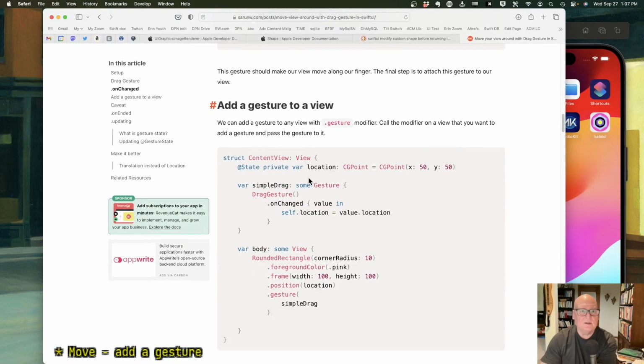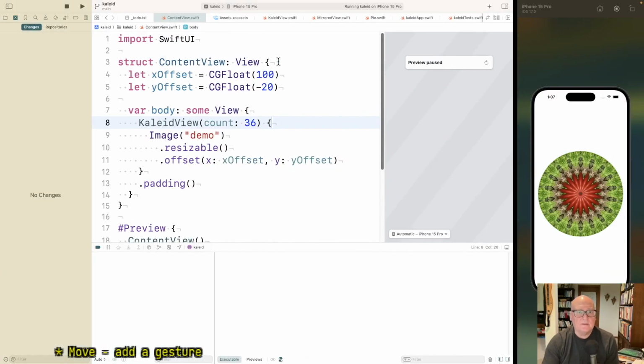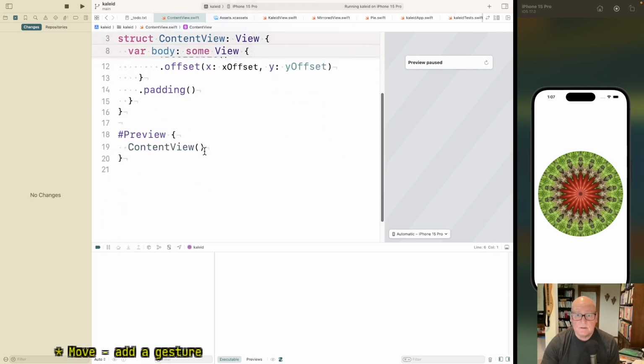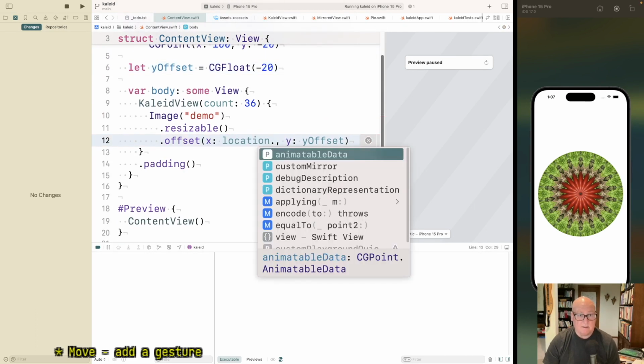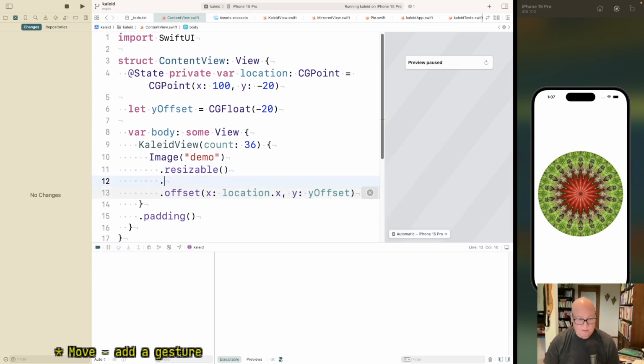So first thing is state, and let's just get this location. So we'll make X offset, Y offset, use these. Okay, so let's take out X offset. I should get a complaint here somewhere. And we'll use location dot X. Actually, that makes me wonder if offset will just take a location.